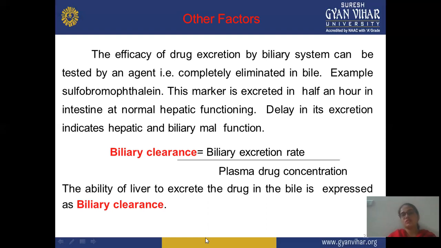Suppose the total plasma drug is 500 mg and the excreted amount is 200 mg. Then you divide 200 by 500 mg, and the calculated amount is the biliary excretion. The ability of the liver to excrete the drug in the bile is expressed as biliary clearance. So this clearance is known as biliary clearance.